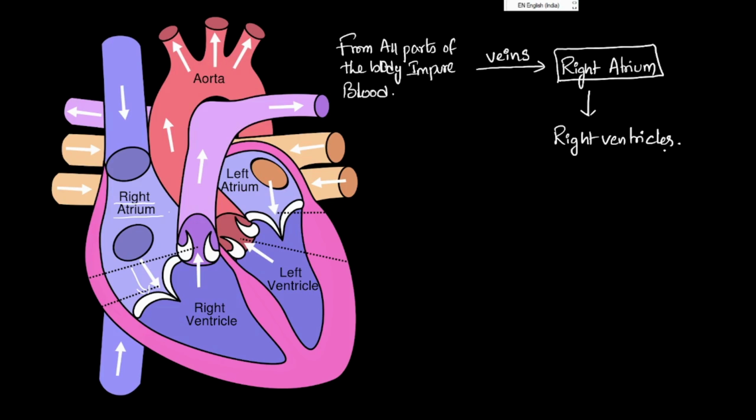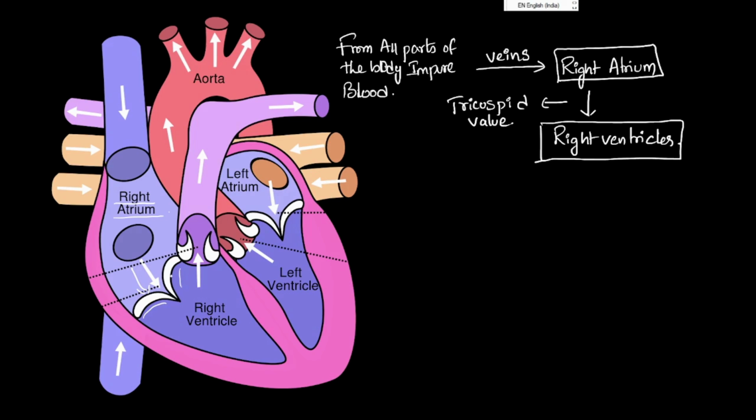Between the right ventricle and the right atrium, what is the valve present between these two? This valve we call the tricuspid valve. See, these are the valves.